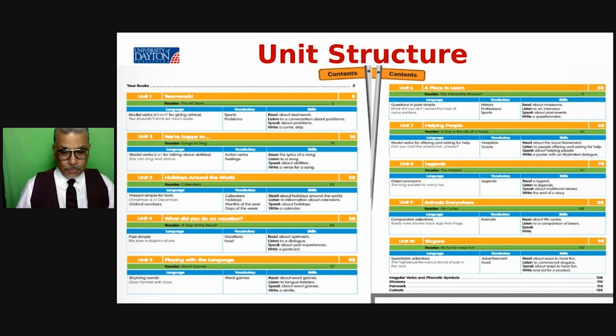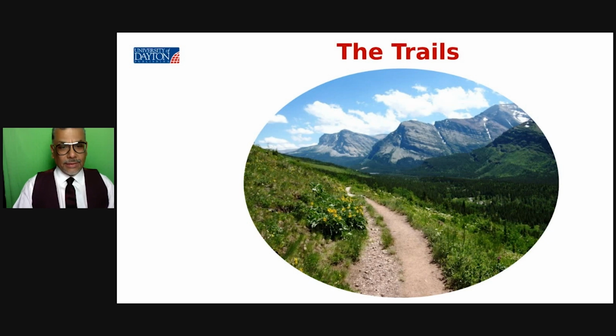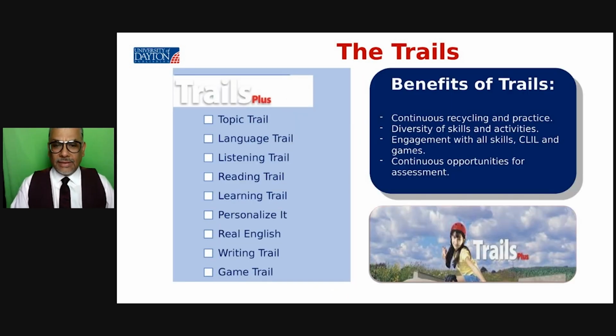Ideally, we will be working with each one of these sections. What is behind each one of them? In the topic trail, we will be contextualizing the content of the whole unit.